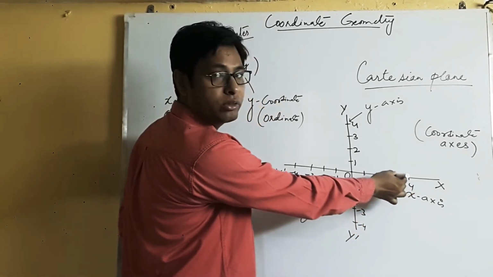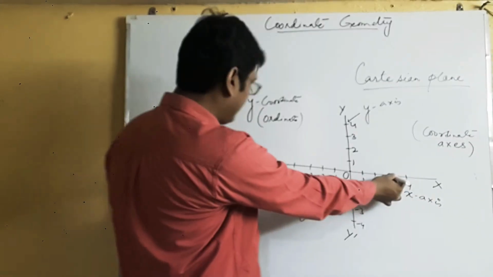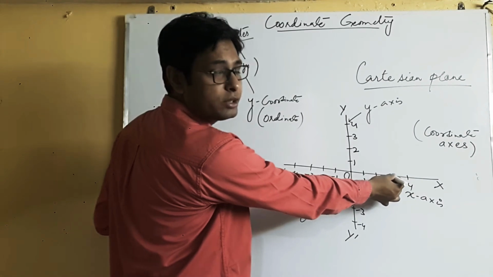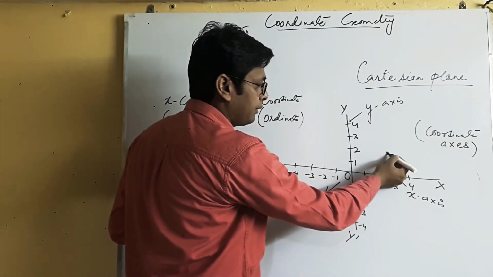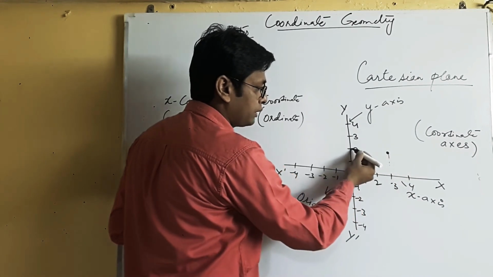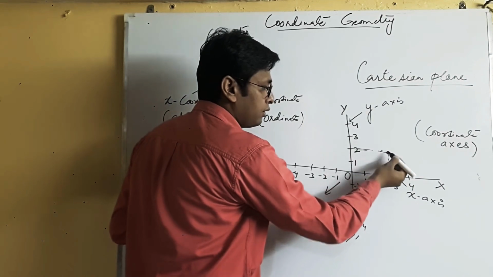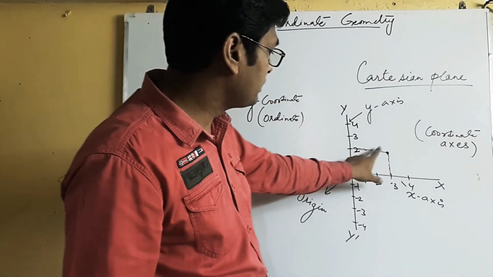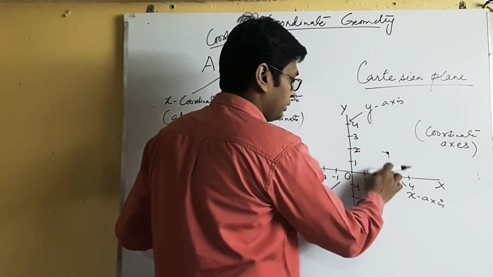I have come on 3 in the x-axis. Now as the y coordinate is positive, I will be moving like this. You can see this. These are the imaginary lines for the beginners. So you need to make this.